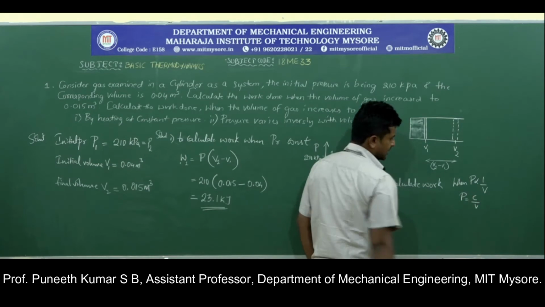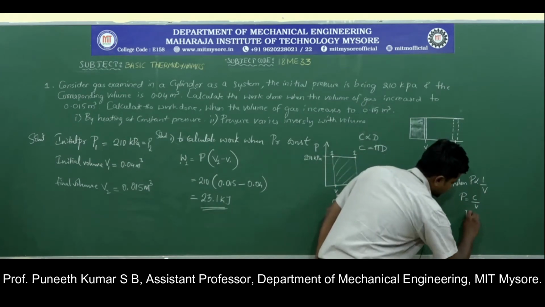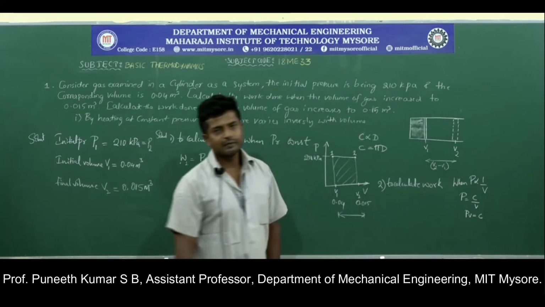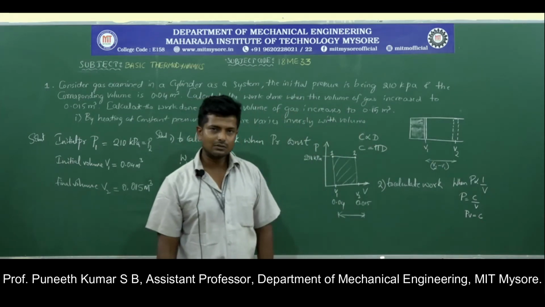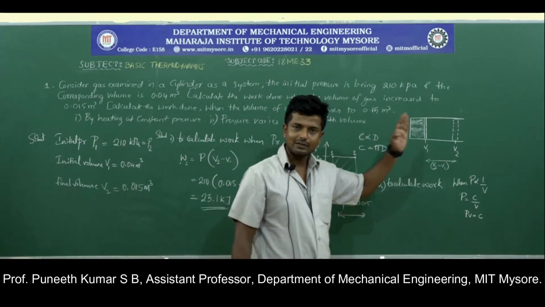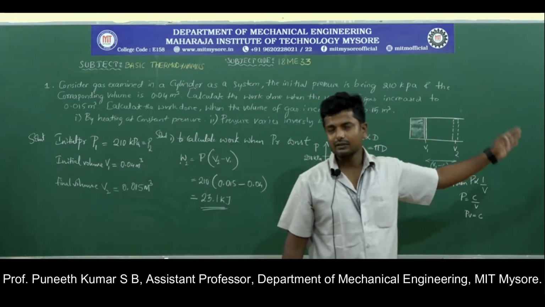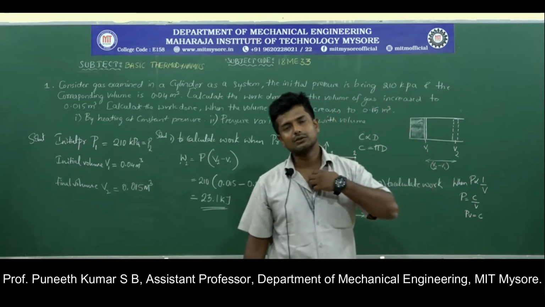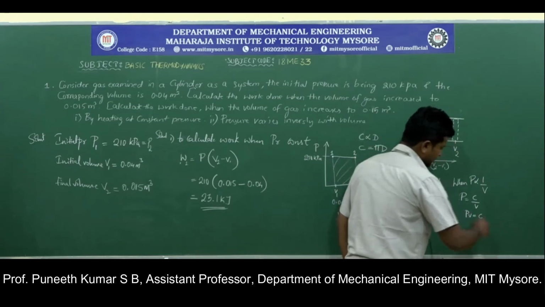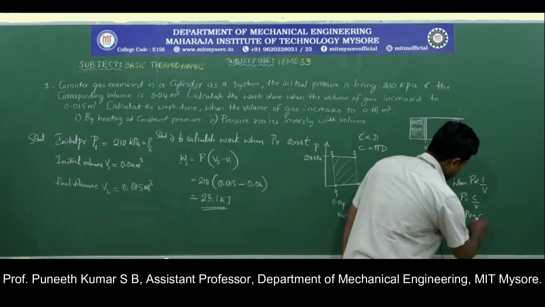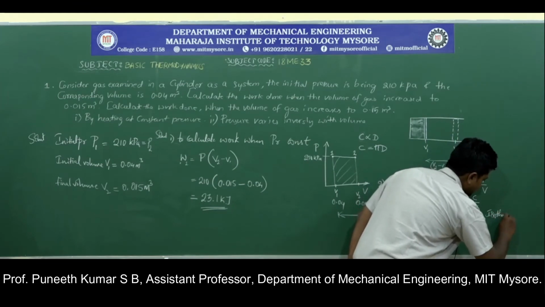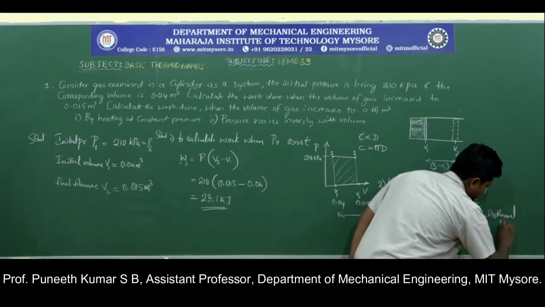Now if I rearrange this, it looks like PV is equal to C. In the previous class, we already understood that if pressure into volume at any given state point remains constant, that means it is an isothermal process. So PV is equal to C is nothing but an isothermal process.